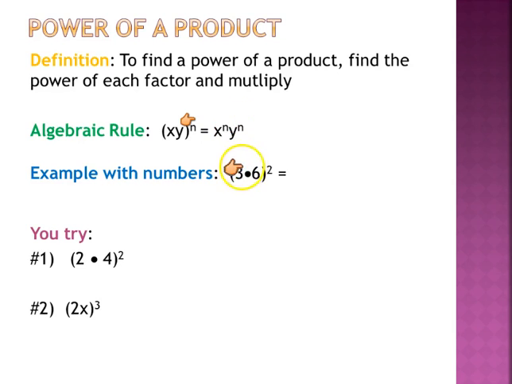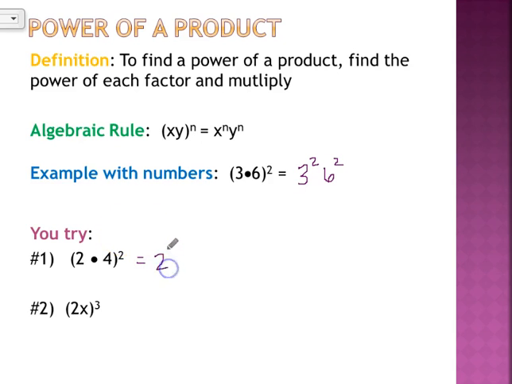An example with numbers, so we've got 3 times 6, squared. So what we're going to do is take each term in the parentheses, 3, and square it, and multiply it times 6 squared. That's how we would rewrite that. So the example below here, we've got two numbers, that dot means multiplication. Take each number in parentheses and raise it to the 2nd power.